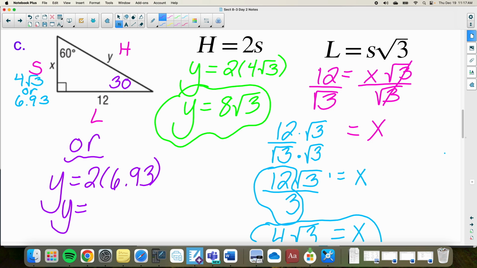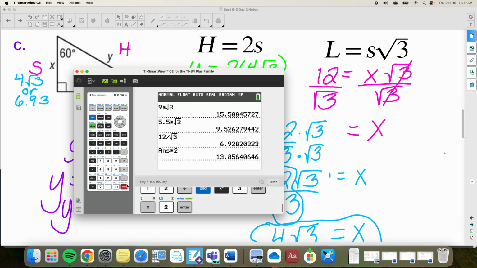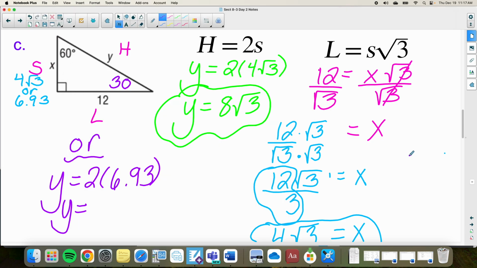And if I do that, depending on if you put the whole number in or not, it would be, well, actually both ways, that's 13.86. So you only have to have one of those, obviously.